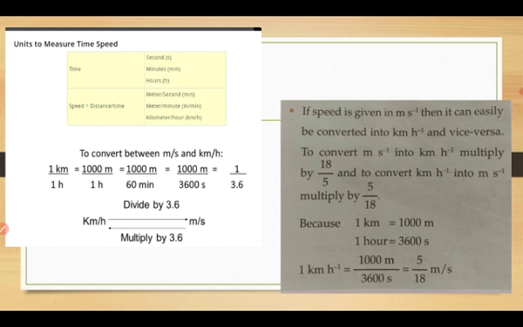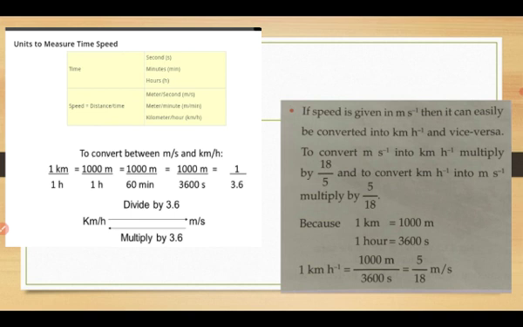Similarly, if we know the speed in meter per second, we can easily convert it into kilometer per hour, and vice versa.